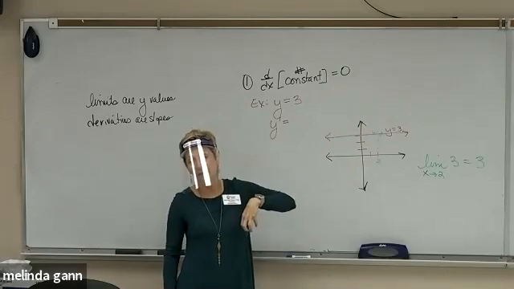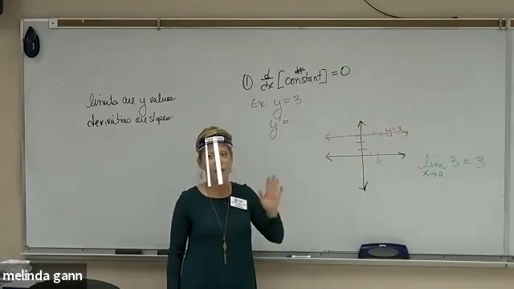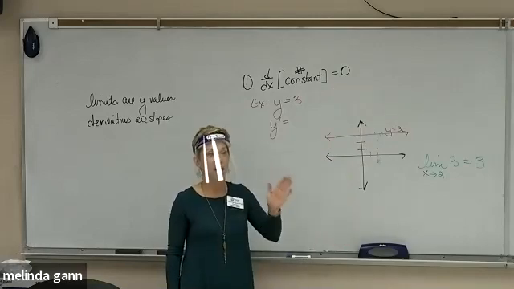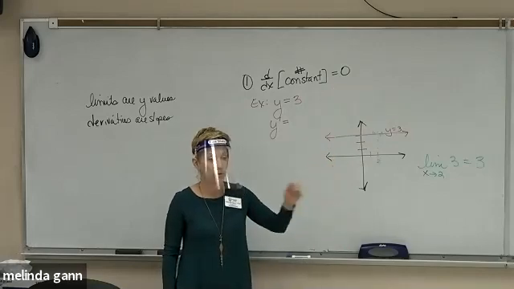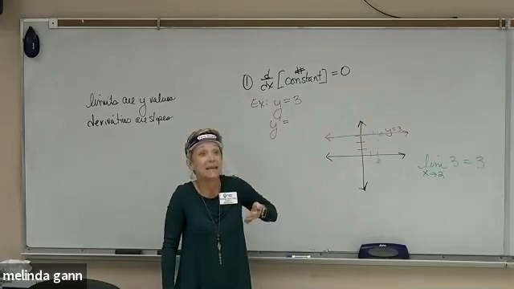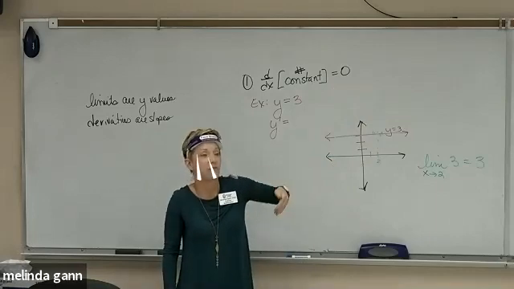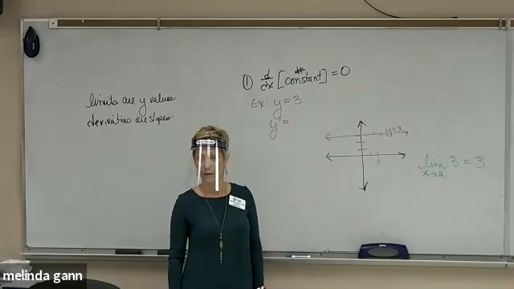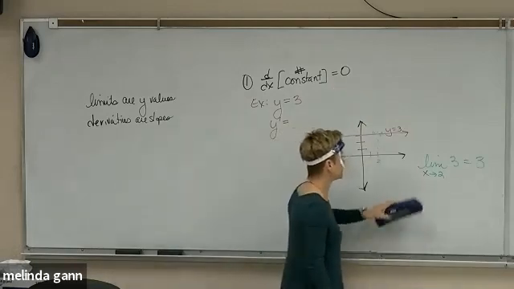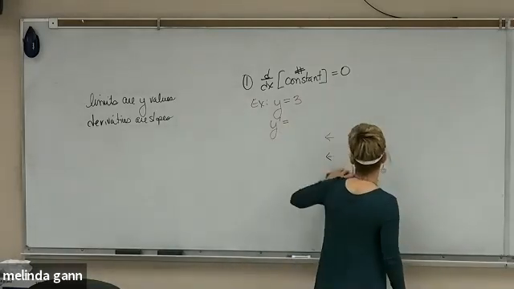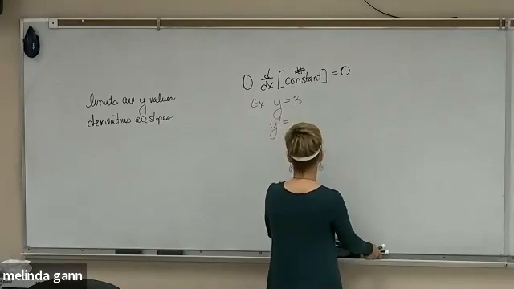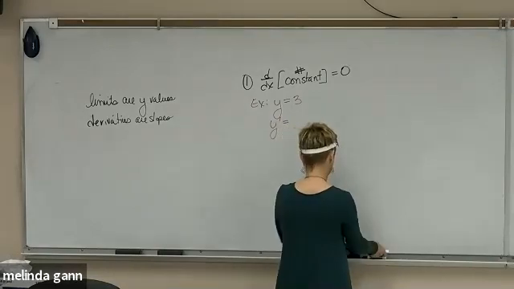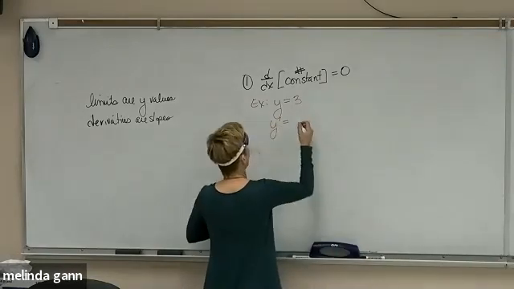That's why the limit of a constant is that constant, but the derivative of a constant is 0. So if the graph is a line itself, you're finding the derivative of that line. Okay? Now, here's another rule you need to learn. So the derivative of that would be 0.